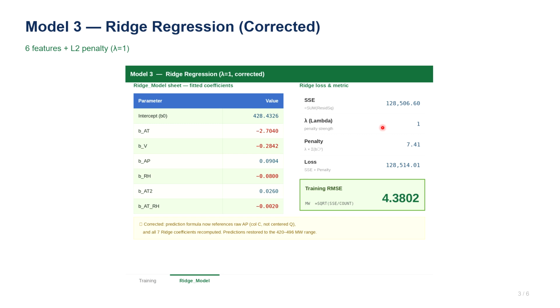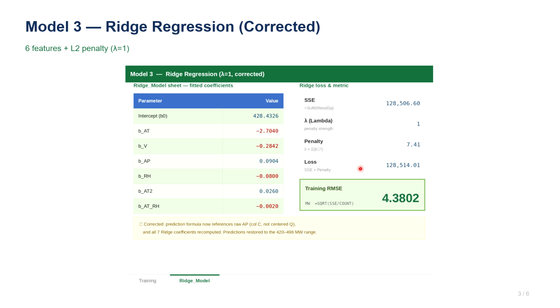Here, lambda is set to 1. You can see the loss broken down on the right: the sum of squared errors, the penalty terms, and the total loss. This penalty discourages overly large coefficients and helps prevent overfitting.